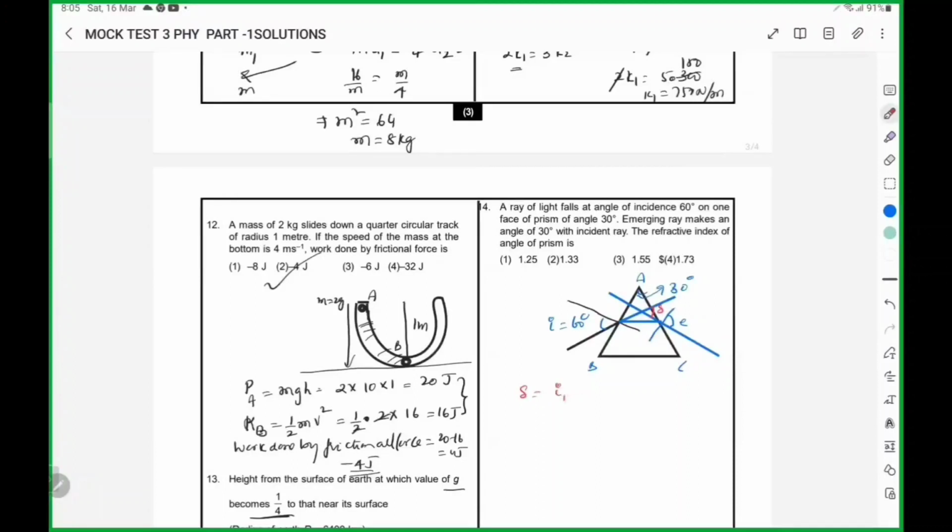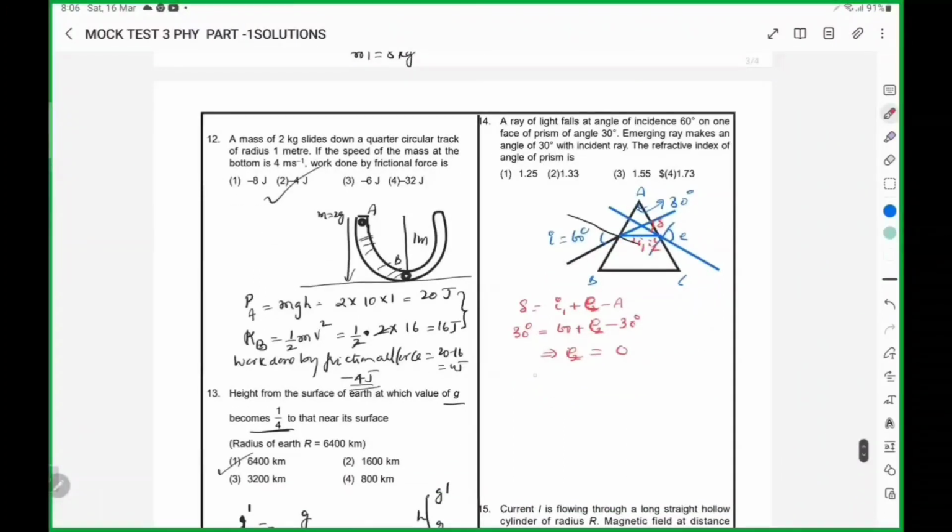Angle of deviation, we know, is I1 plus I2 minus A. This is I1, and this is I2. Here the deviation he has given is 30 degrees, and A, the refracting angle, is 30 degrees. From here, deviation is I plus E minus A, so we get the value of E as 0.